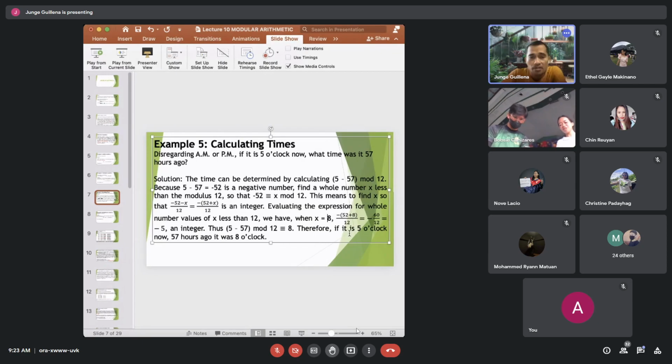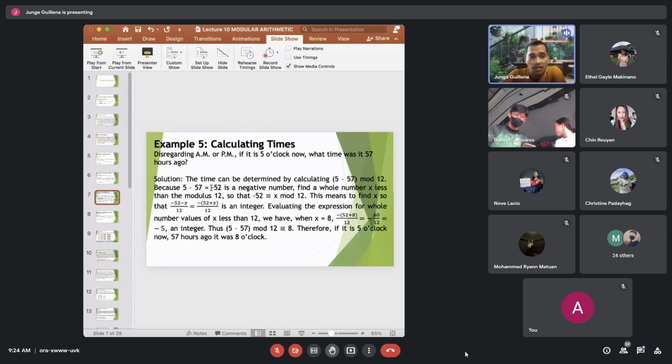So in other words, if it is 5 o'clock now, 57 hours ago it was 8 o'clock. Okay, disregarding whether it's AM or PM. Of course, you can also solve it the other way around by simply adding the modulus to negative 52 until you get a difference that is within 0 to 11.